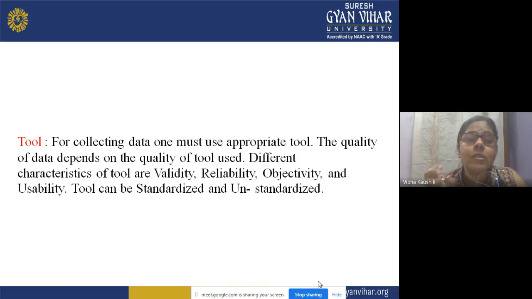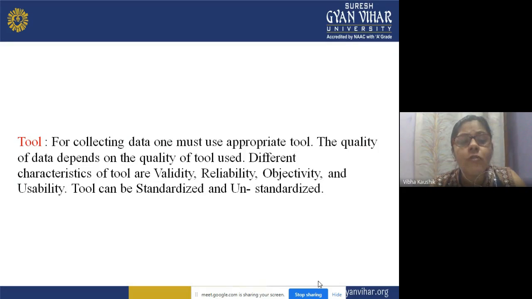On the basis of that, we have to select an appropriate tool so that the maximum amount of information can be gathered. The quality of data depends on the quality of the tool used. It means what type of information or data you will collect depends on the tool which you are using.